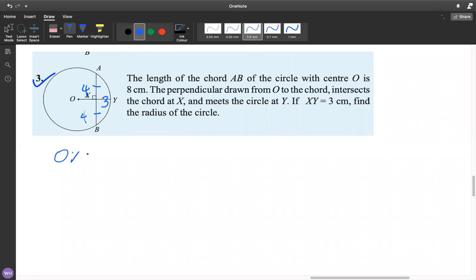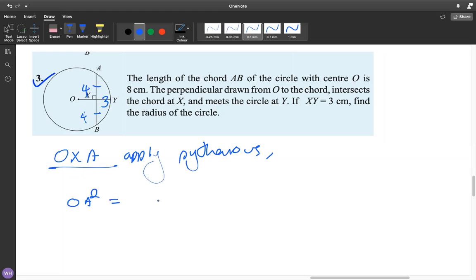In the triangle OXA, you can apply Pythagoras theorem. So after you apply Pythagoras, OA squared will be equal to OX squared plus XA squared.